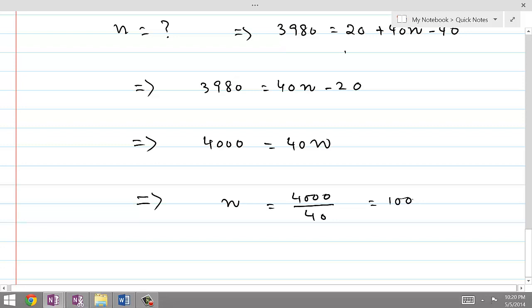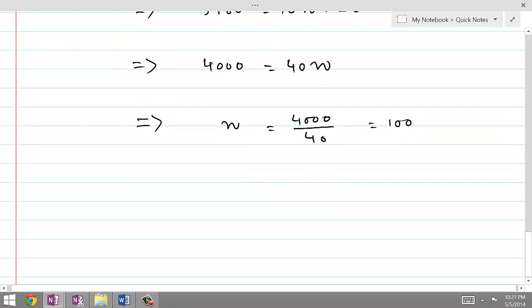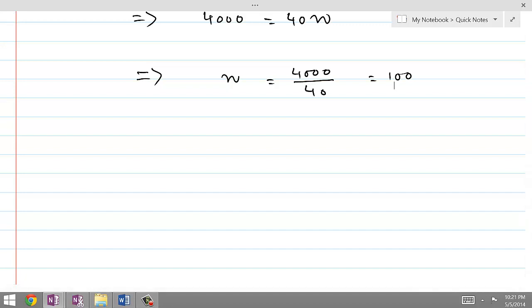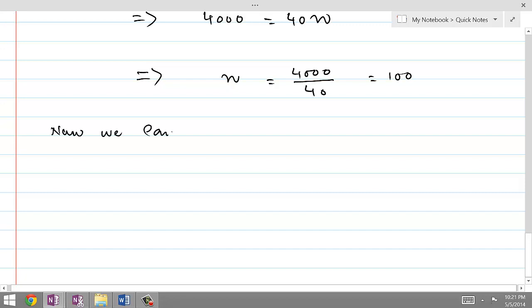Once we have found the number of terms, now we can find the sum of the terms, because what was required of us is to find the sum of all such numbers.